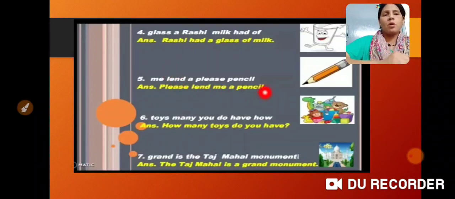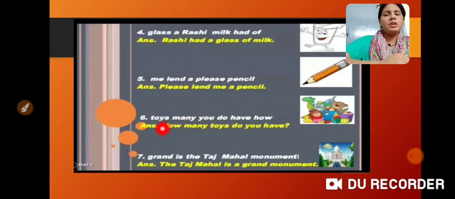Now this is a complete sentence which is making a sense. A sentence always begins with a capital letter, so we will write P in capital form, and as this sentence is telling us something about the pencil, so we will put a full stop at the end of the sentence.